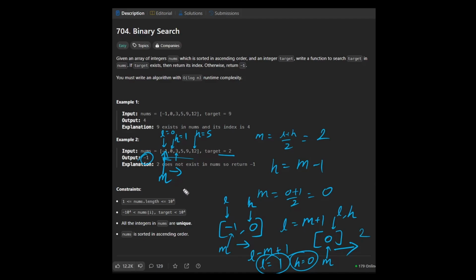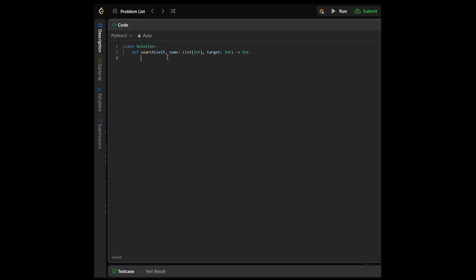Now let's take a look at the code. First of all, we need a low. Low would be 0. High would be length of nums minus 1. It's the last index. We can say while low is less than or equal to high, we want to still check even if they are equal.